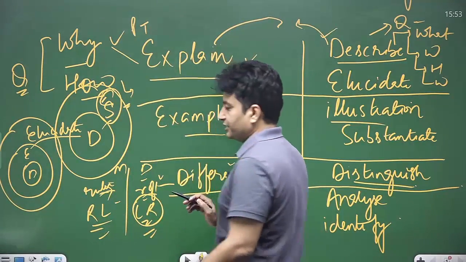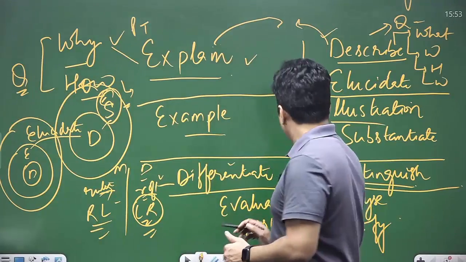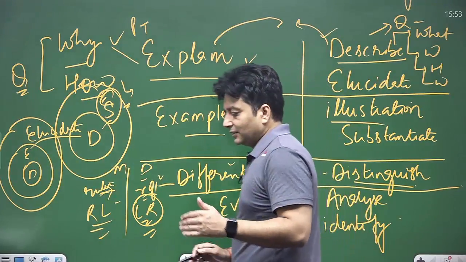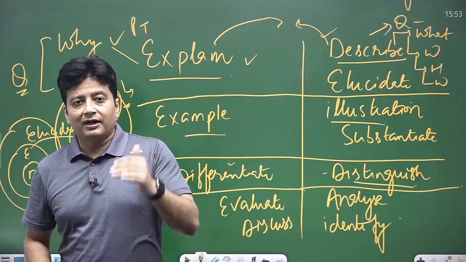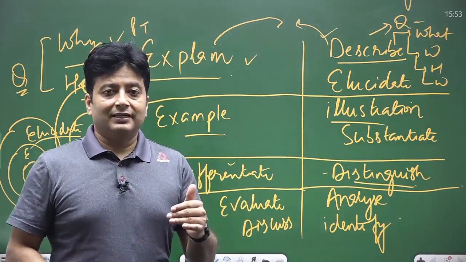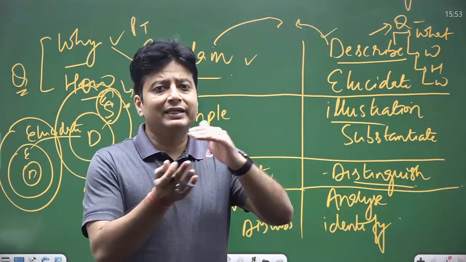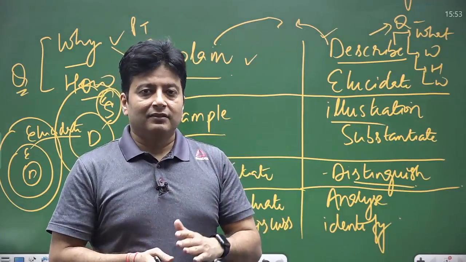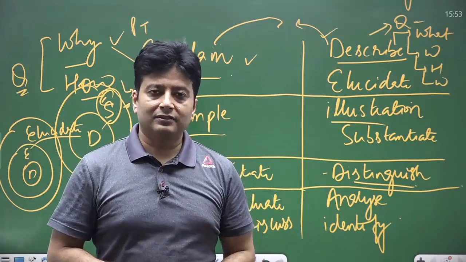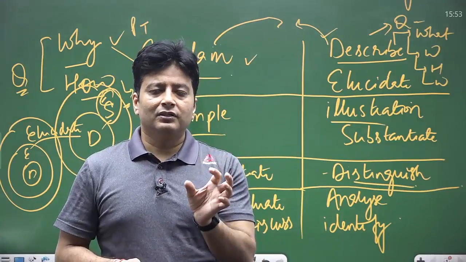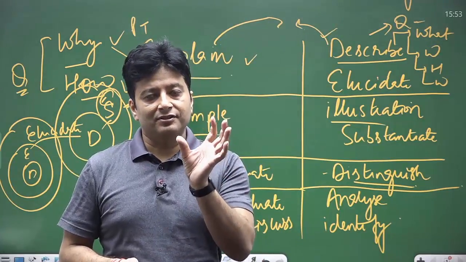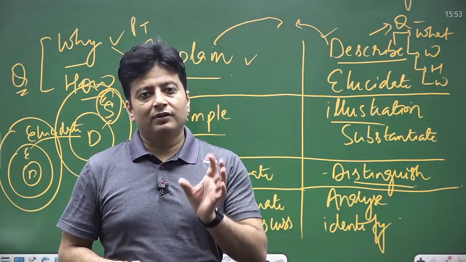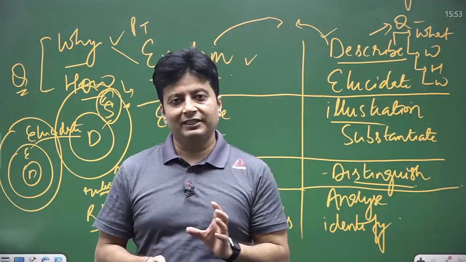This is differentiation. But when we talk about distinguish, it means the demand of the question is that you have to give the uniqueness of some statement. Whatever the sentence is, what is so distinct about it? In your school, you might have found distinction for 75 or above 75 marks.